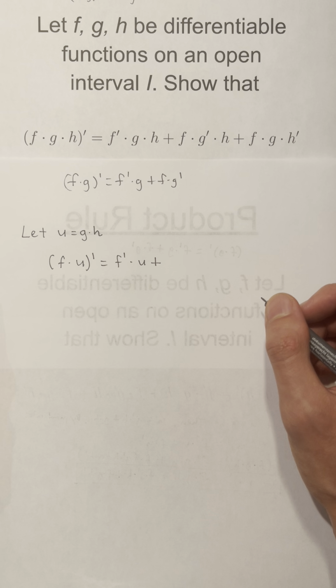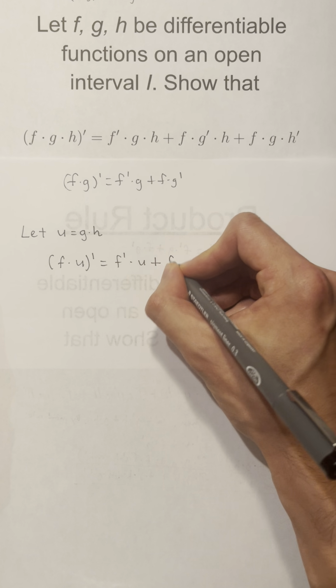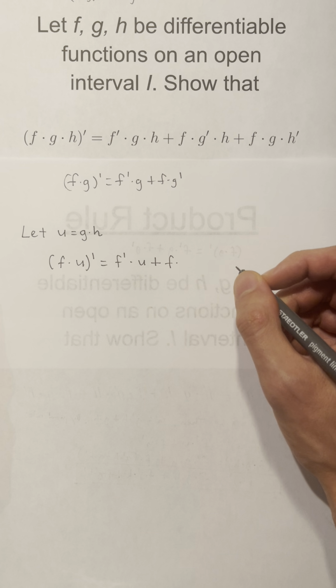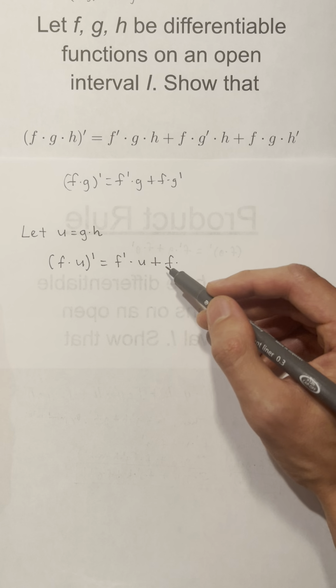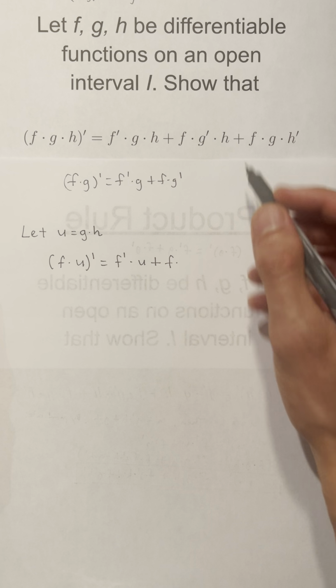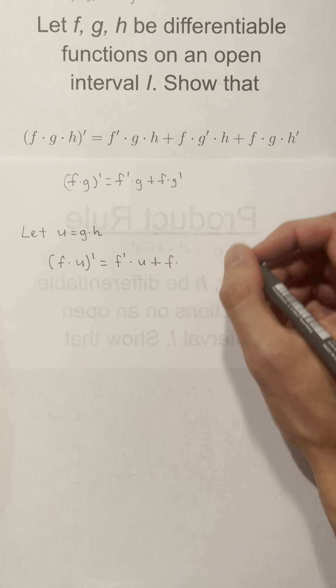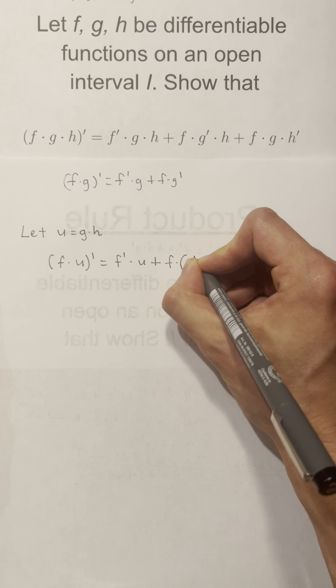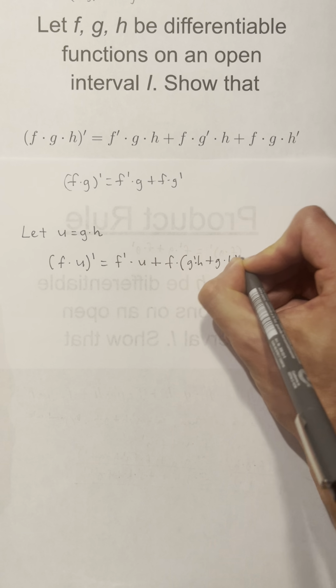Well, how do I convert this into f times u prime? Well, it's going to be f times something, right? How do I convert this into f times something? By factoring out an f. Okay, so g prime times h plus g times h prime.